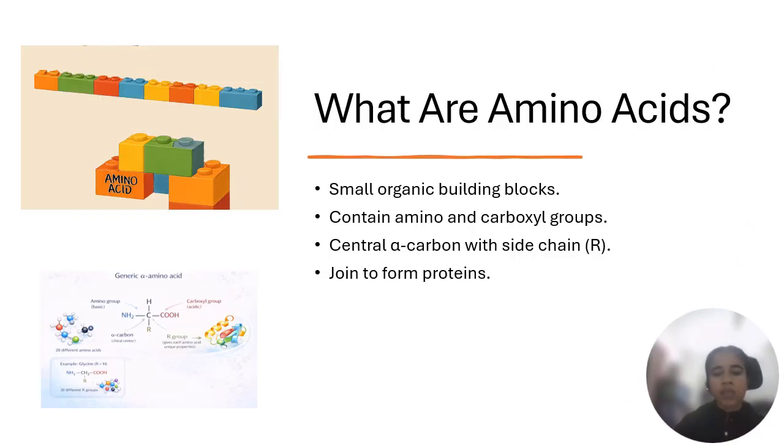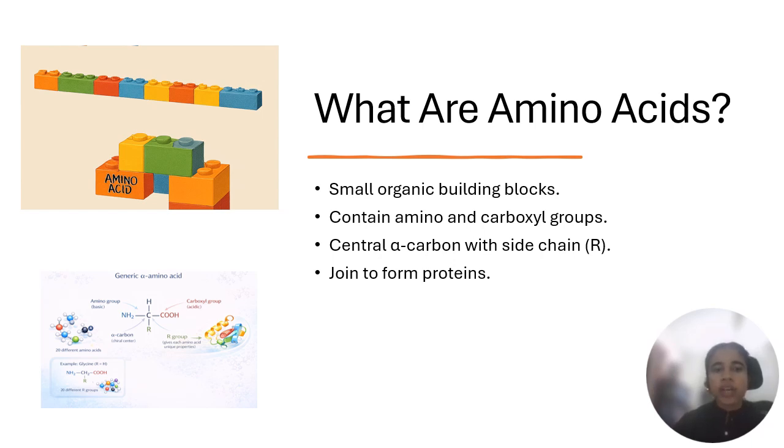Amino acids are small organic molecules that act as building blocks of proteins. Each amino acid has two important chemical groups, an amino group and a carboxyl group, which are attached to a central carbon called the alpha carbon. They also have a side chain or R group, which makes each amino acid different.